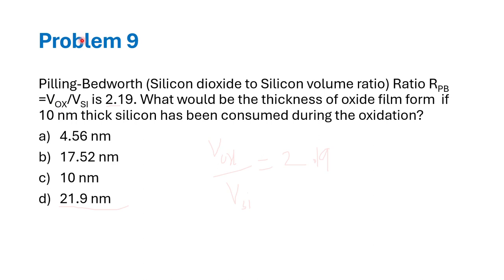So this is the equation. Silicon dioxide thickness by silicon thickness is 2.19, which is 1 by 0.46. So I think we have what we need to solve. The ratio is there. V oxide by V silicon is 2.19.